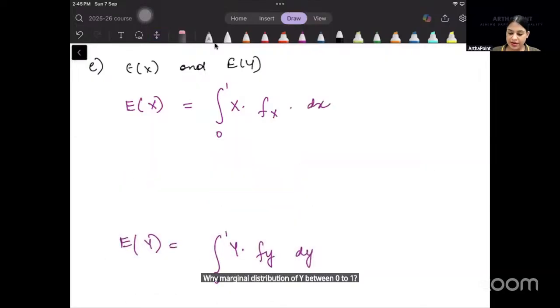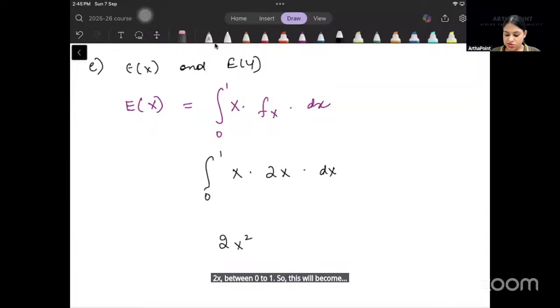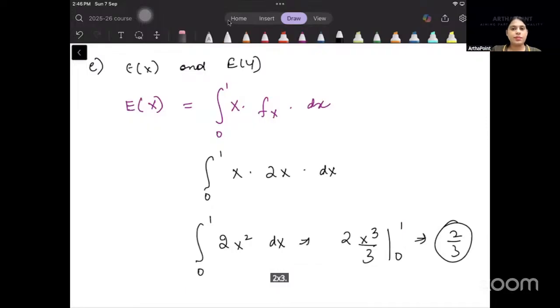So this will become x. हमने marginal distribution of x क्या निकाला था? 2x between 0 to 1. So this will become 2x square between 0 to 1. 2x cube by 3 between 0 to 1. 2 by 3.